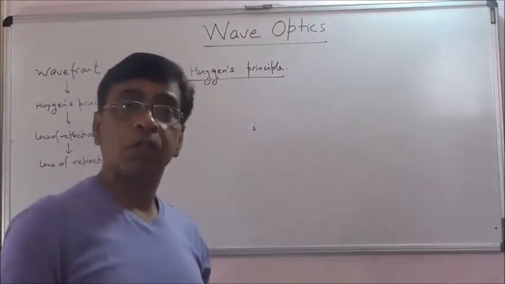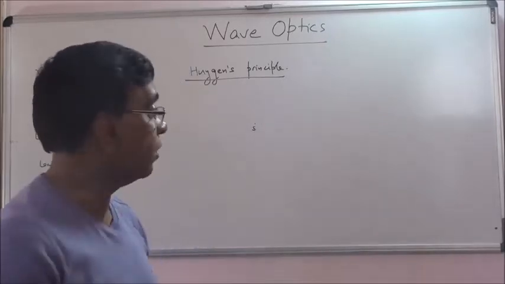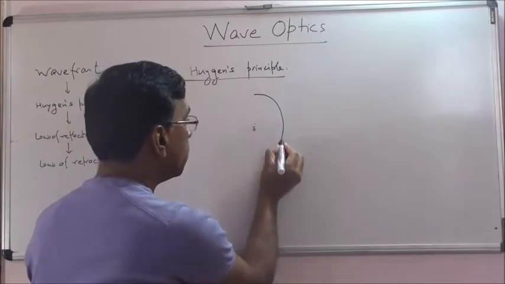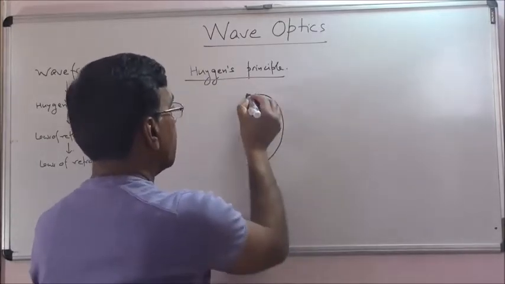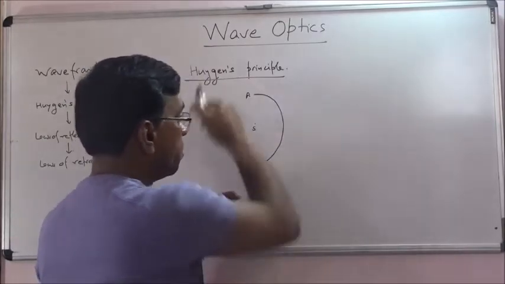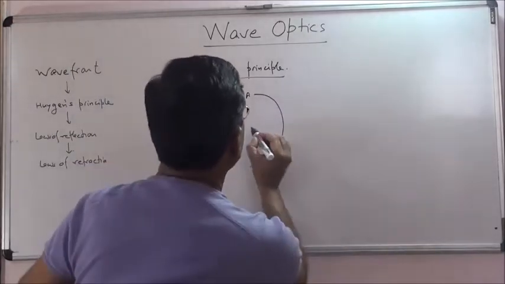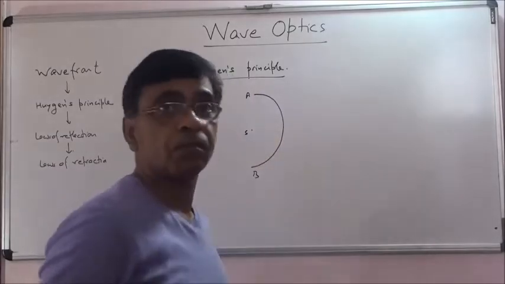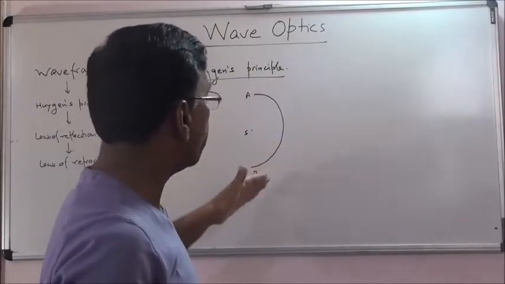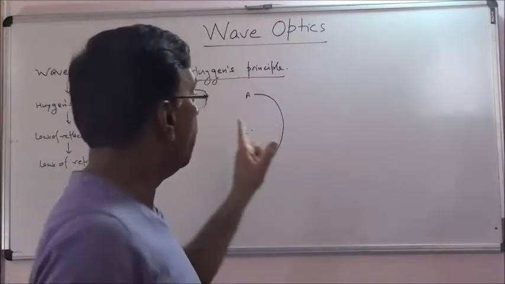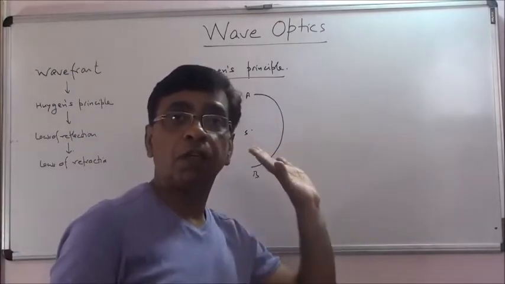It's true for sound waves also, it's true for light waves also. And we call them primary wavefront. If I take this particular direction, I am thinking of a particular part of this complete spherical wavefront. So every wave propagates in the form of a wavefront called the primary wavefront. So AB is a primary wavefront. First point, every wave propagates in the form of wavefront.